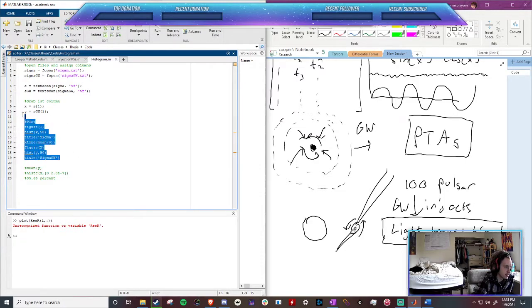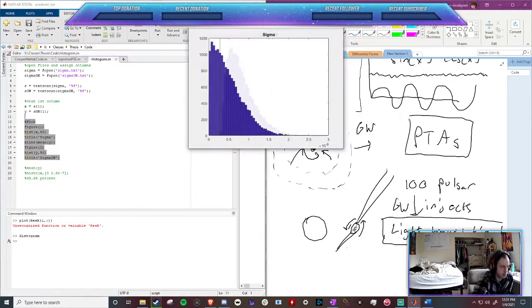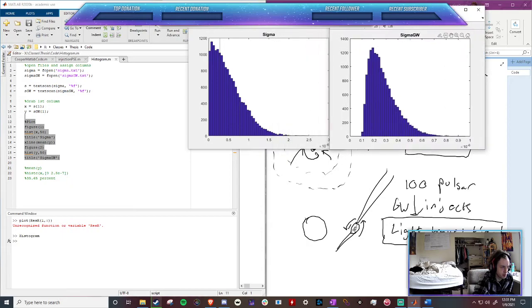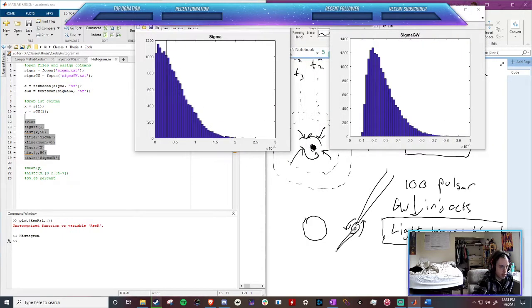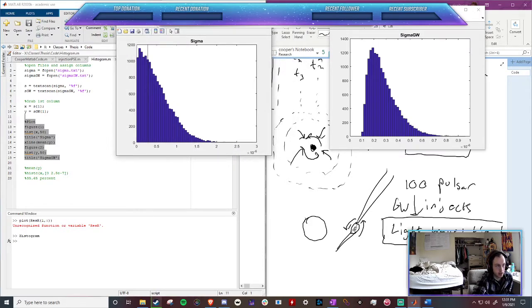The next thing I do in this code is I run a histogram. The left one is the difference in Romer delay between ephemeris models.